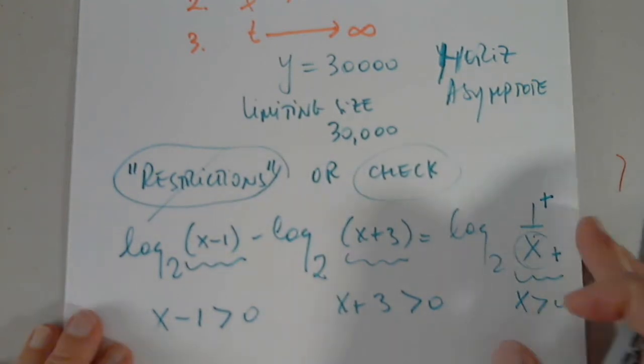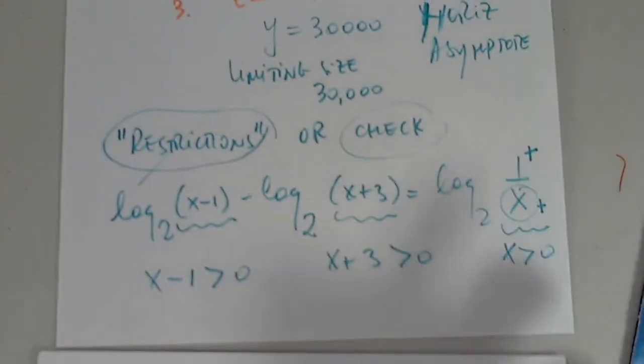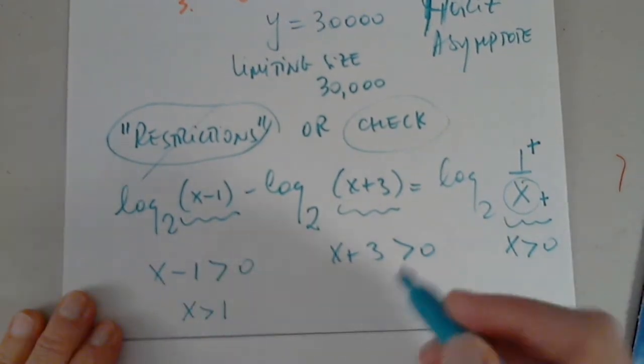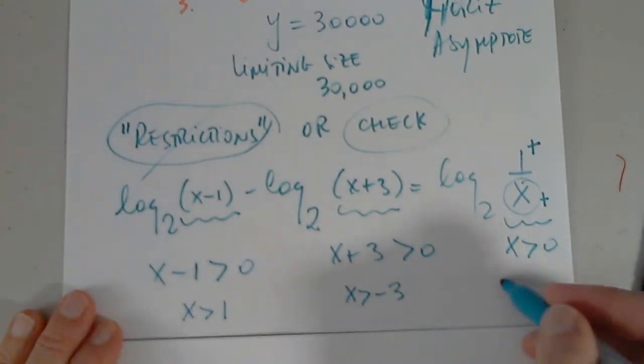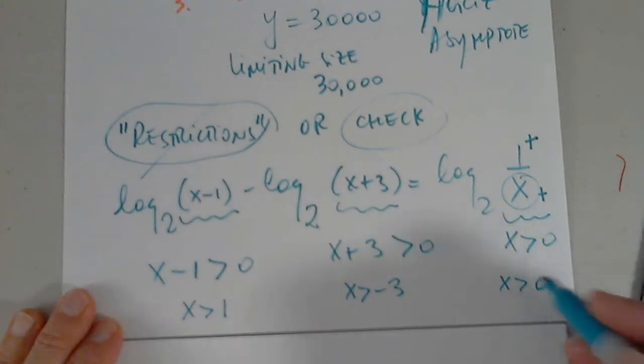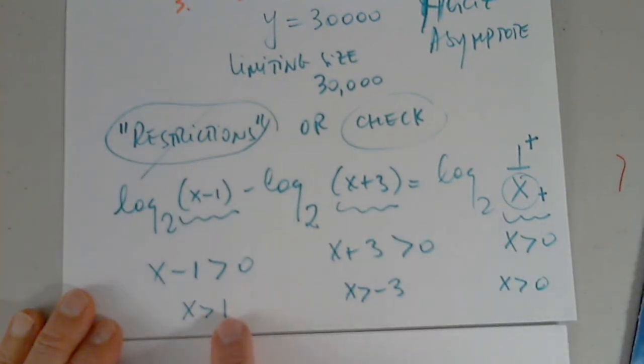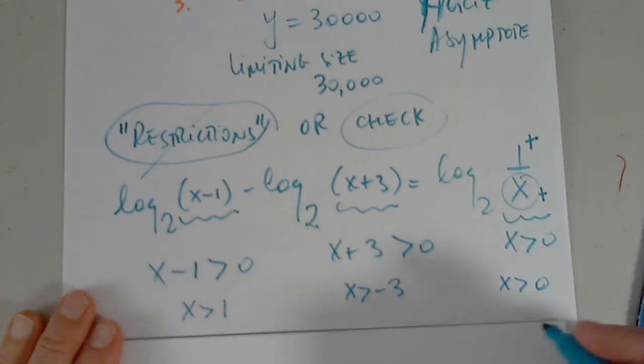So when I solve these three, I realize that this is greater than 1, this is greater than -3, and this is greater than 0. This one will solve all three. So if you want, let's graph it to see what's happening here.